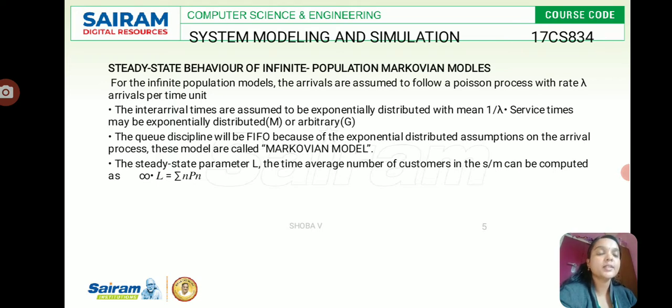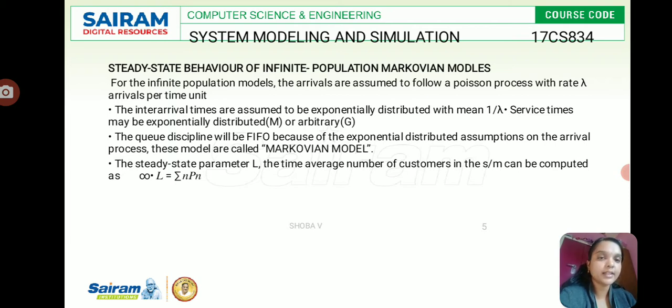Here the service is exponentially distributed, so the server gives service to customers waiting in the line randomly, with mean 1 by mu. These may be exponentially distributed or arbitrary, and we can call this a Markovian model. Everything depends upon the queue discipline or queue behavior.